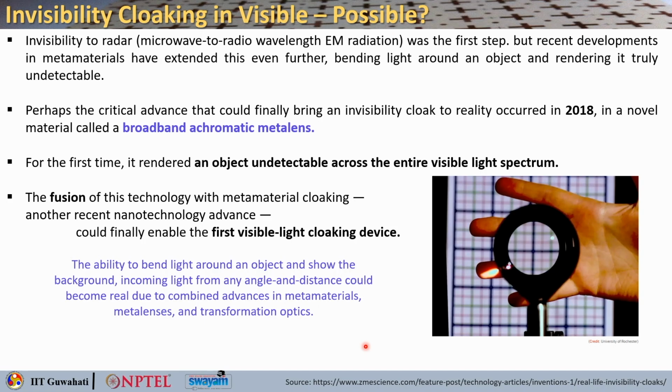So as you can understand, the ability to bend light around an object and show the background, and that too for incoming light from all angles and all distances, is really a complicated problem, and it can only be solved when you bring in the advances in metamaterials, metalenses, transformation optics, and nanofabrication technology, everything together.